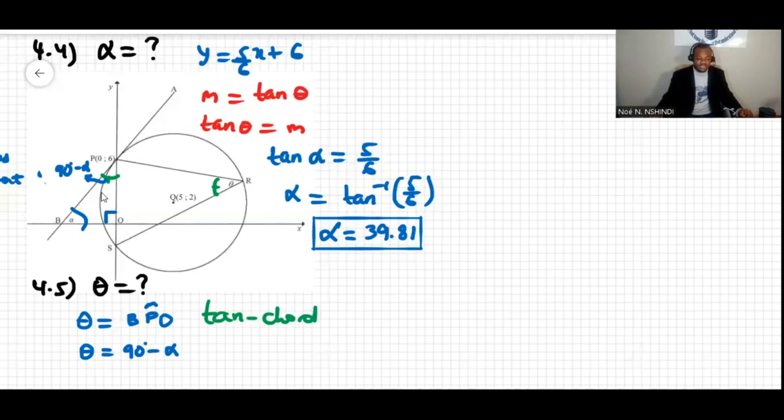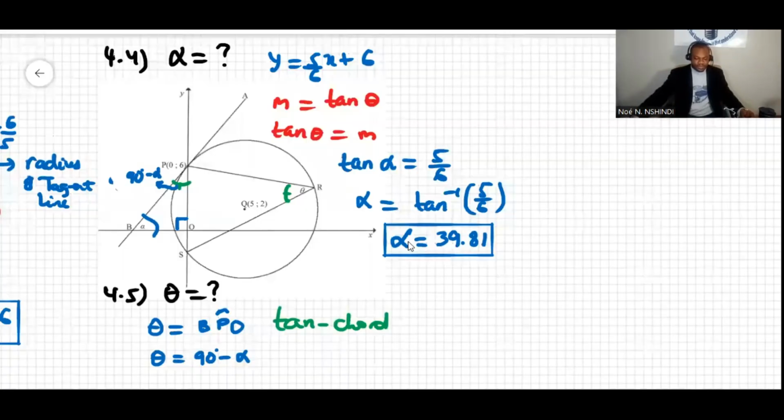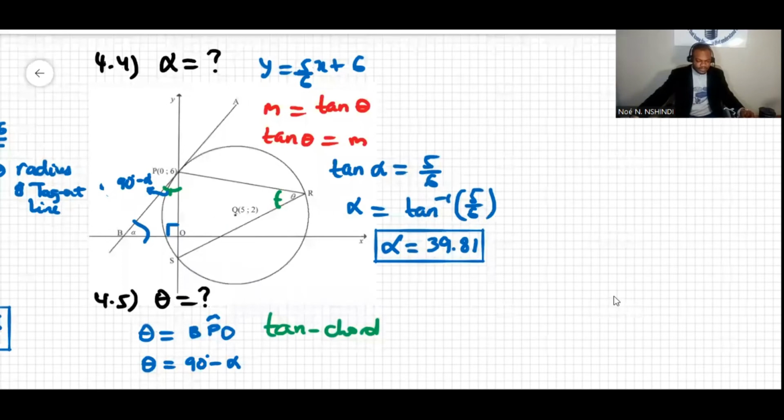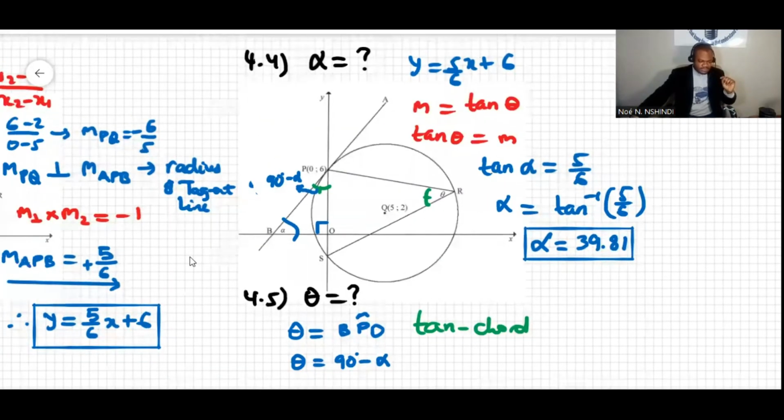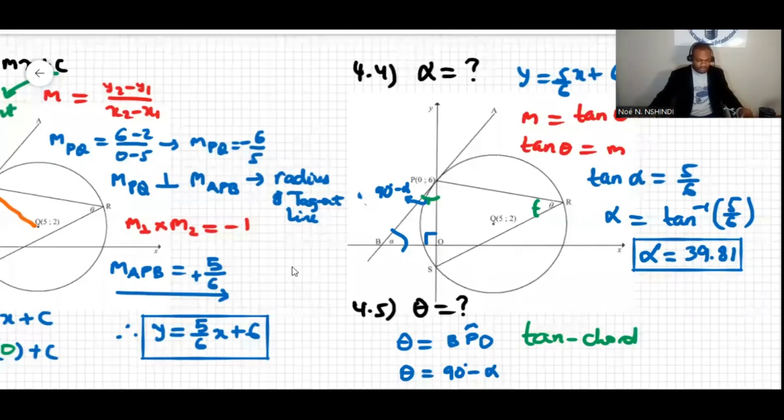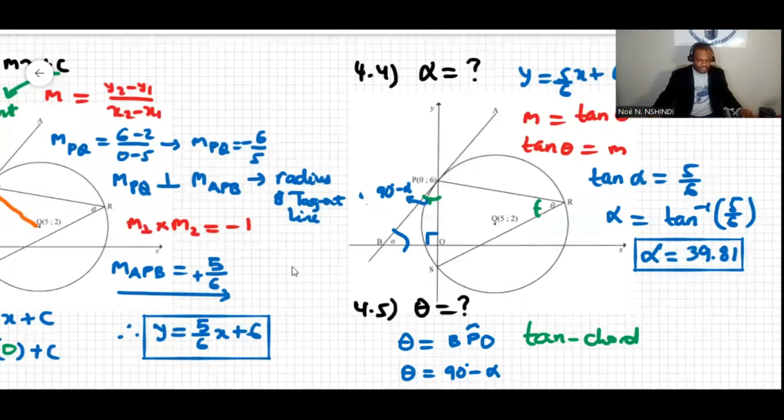Now in the previous question, we did find the value of angle alpha. Angle alpha was 39.81. Okay, I think there is a mistake somewhere here. Over here, in question 4.3, 6 minus 2 is not negative 6/5, but negative 4/5.